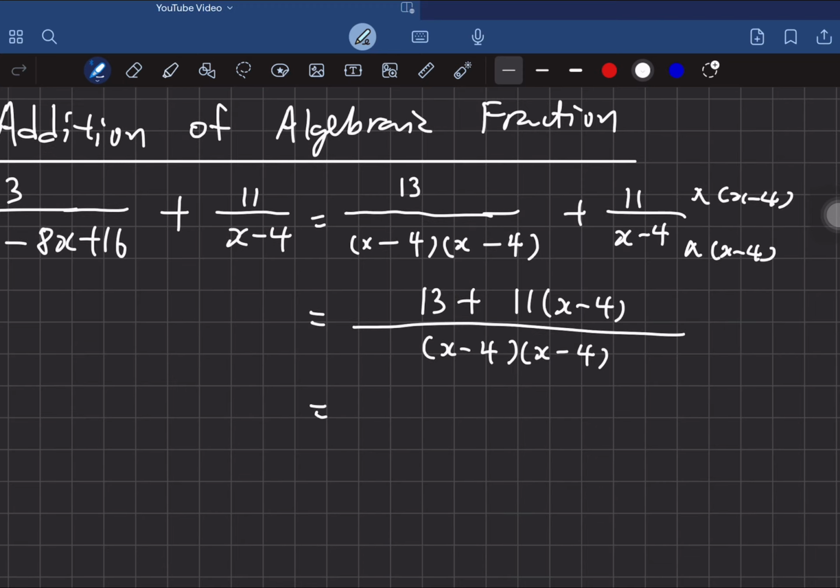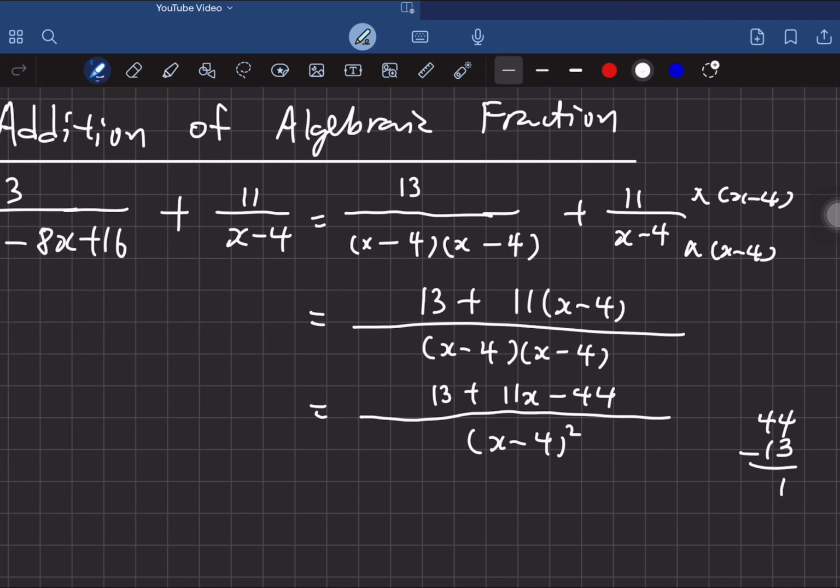So with this, we cannot stop here and we cannot cancel at all. We have to make sure we combine all the like terms for the numerator before we can think about simplifying. So it will be 13 plus the 11x minus 44 over x minus 4 square. So I have 44 minus 13.